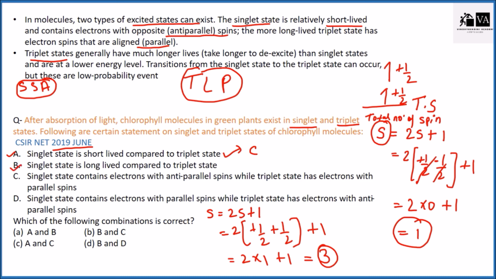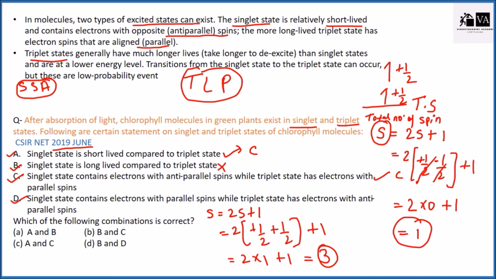Option B, singlet state is long-lived. Wrong. Singlet state is short-lived, so this option is wrong. Coming to option C, singlet state contains electrons with antipolar while triplet state has electrons with polar spins. Right, SSA, singlet state has antipolar spin. So this option is also correct.